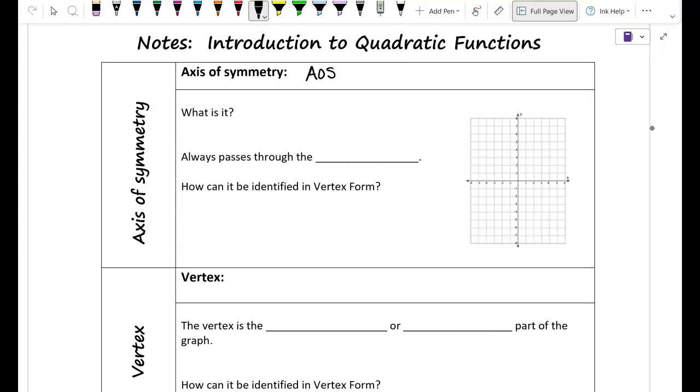So again, what is it? It is the vertical line that divides the parabola into two congruent halves.